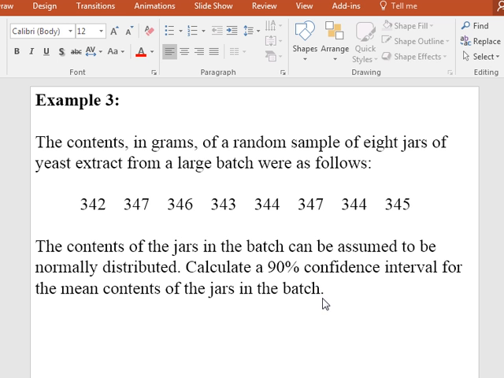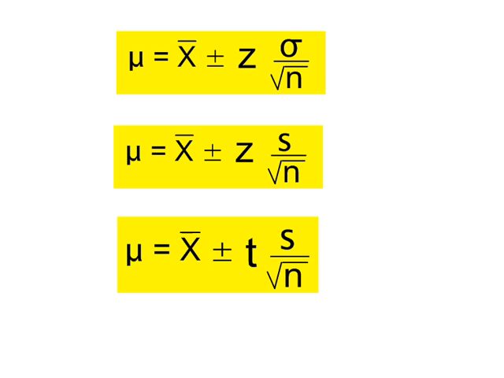So we're going to work out the standard deviation for this data, and we're going to use the t-distribution because there would be considerable uncertainty in the calculation of our standard deviation, because we're going to use that as an estimator for the population standard deviation. So this formula is being used.